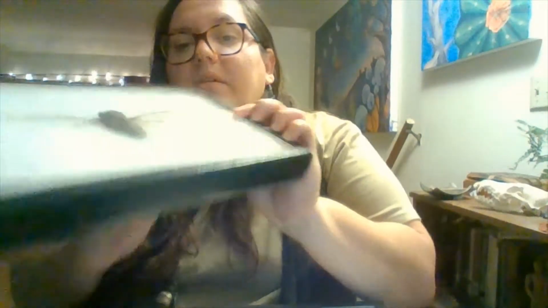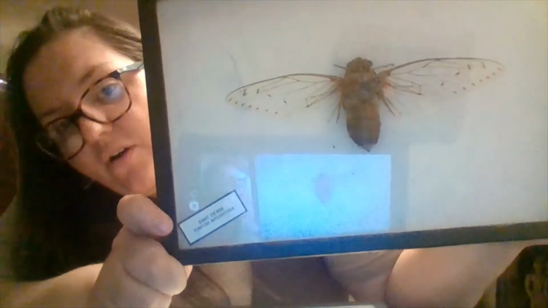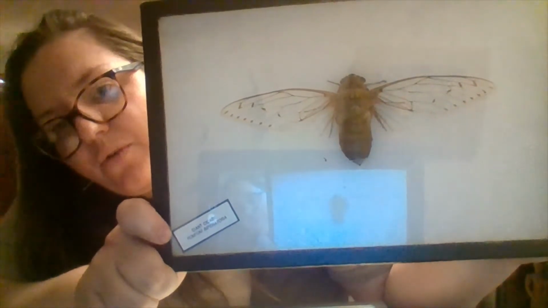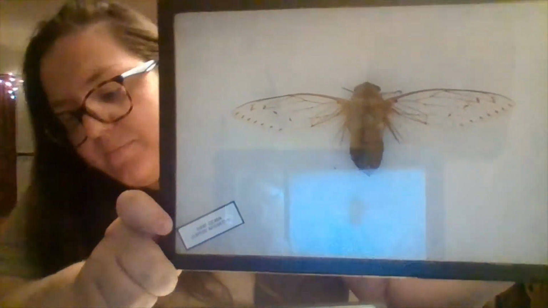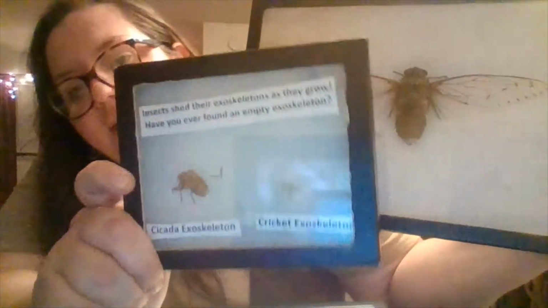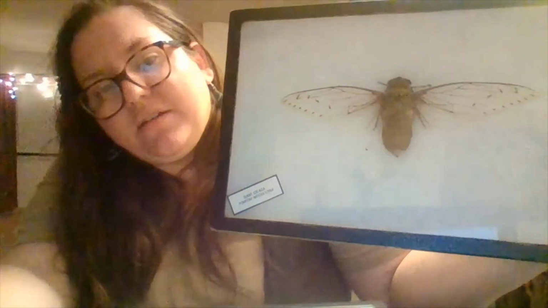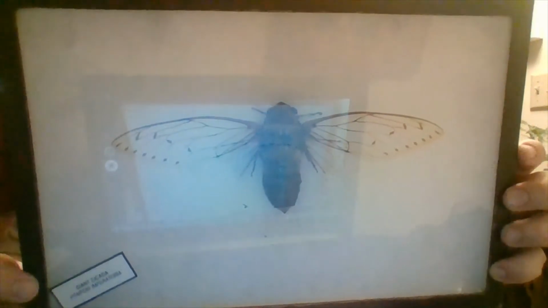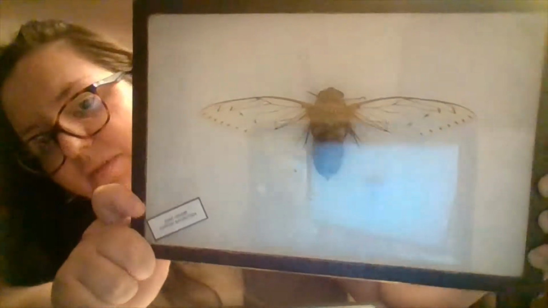All right, so insects have 3 body segments, 6 legs, an exoskeleton, antennae, and then most insects, not all, most insects have wings. So we saw the cicada exoskeleton. Here's a giant cicada. This is not something that's native here.